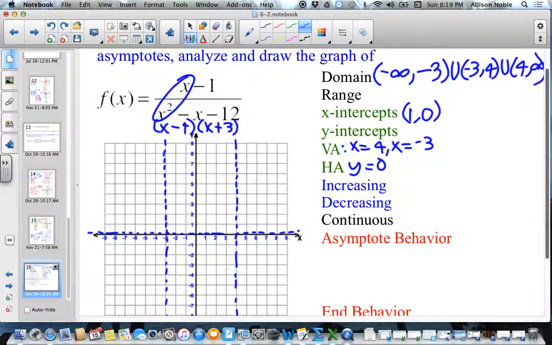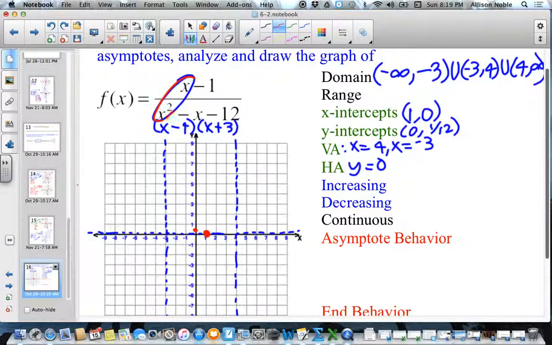When I plug in 0 for x, I would get 0, 1/12. So I'm going to go ahead and plot those. So 1, 0, which already shows you it's going to have a point on that horizontal asymptote, and 0, 1/12, which is right here, which doesn't do a lot for me on the outsides, but it does do something for me on the inside.